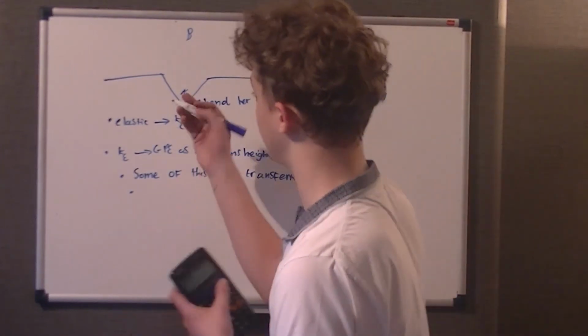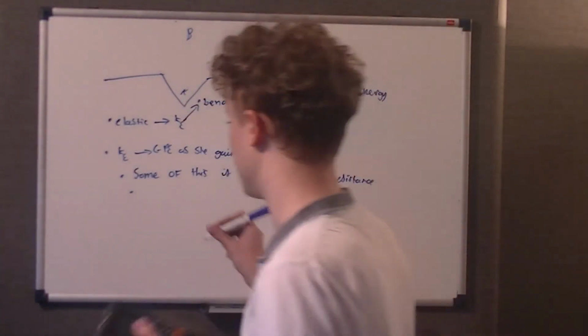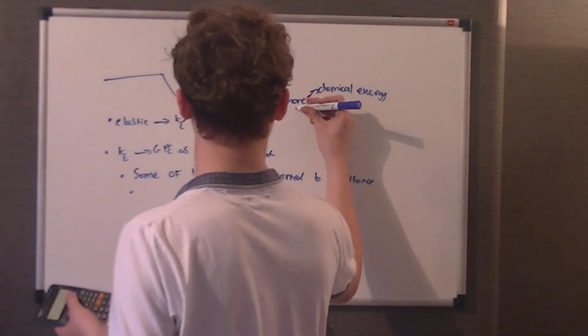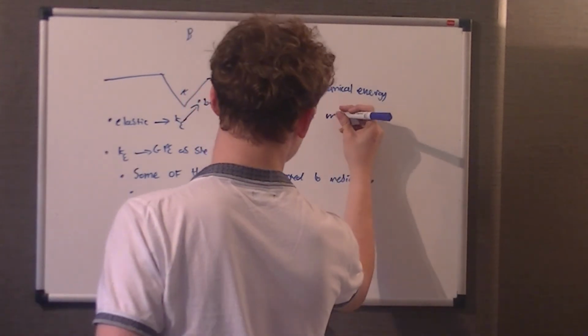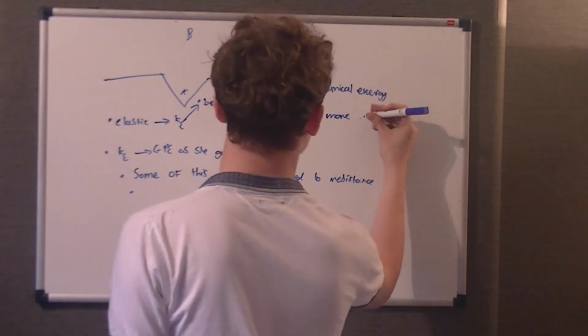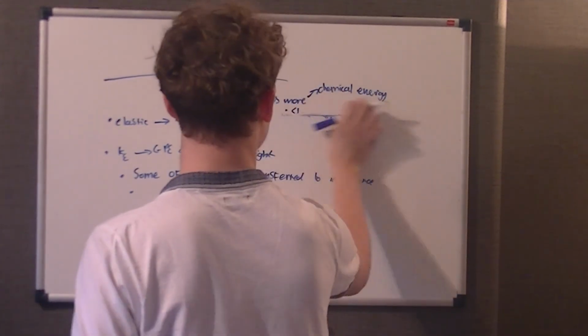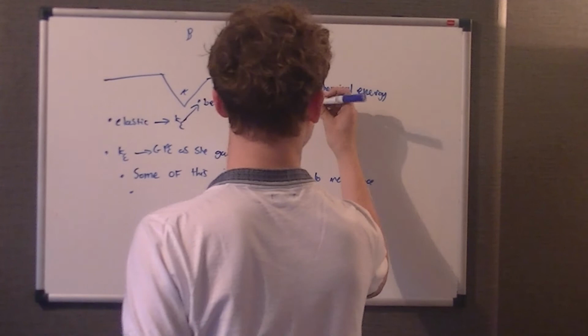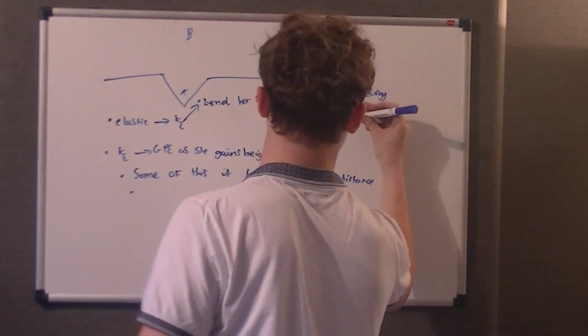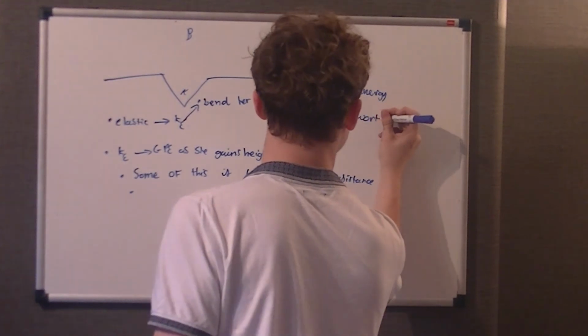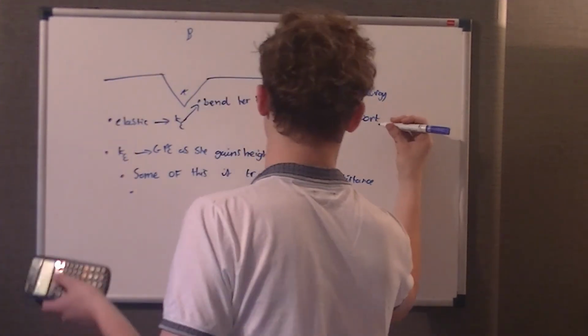But obviously, if she wants to get higher than B, she must store more energy at the beginning, store more elastic energy, or actually, I think a better way of putting it at the beginning is do more work. And this is in terms of the amount of energy she stores in getting to the height.